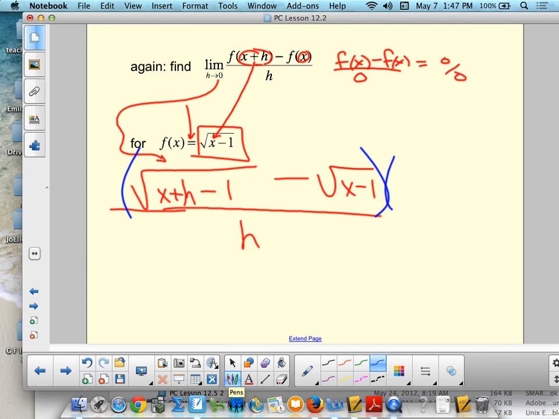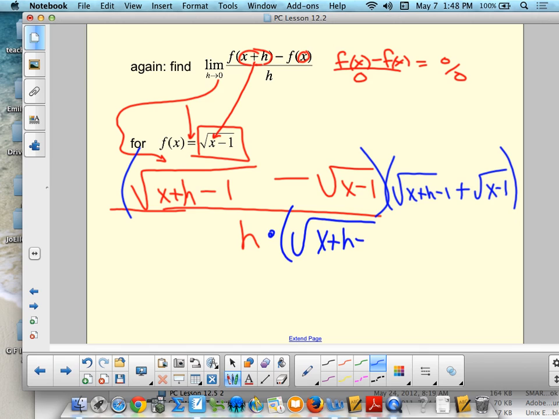The first square root, don't change it. The second square root, change it to positive. And then down here, you'd have to do the same thing: square root of x plus h minus 1 plus square root of x minus 1.